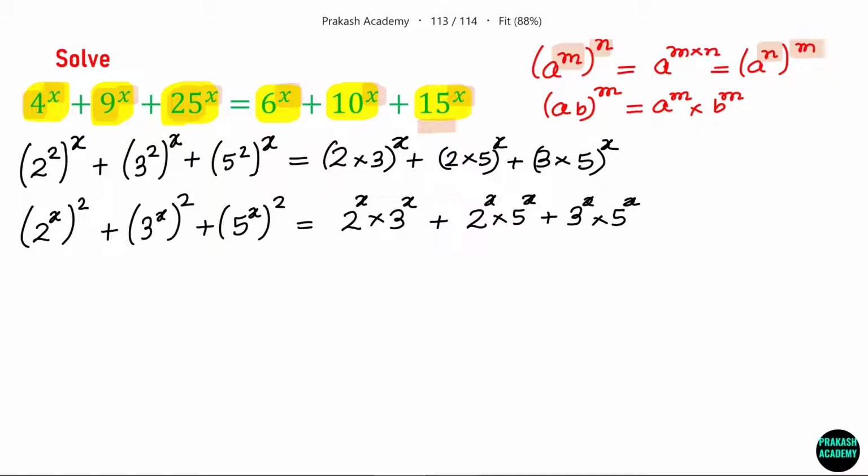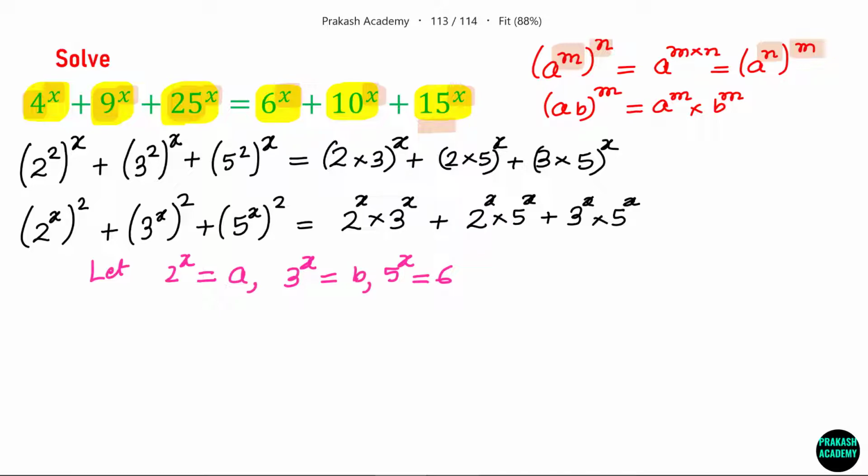Now see, you have a square plus b square plus c square kind of thing. So let us do some substitution. Let us say 2 raised to the power x is equal to a, 3 raised to the power x is equal to b, and 5 raised to the power x is equal to c.